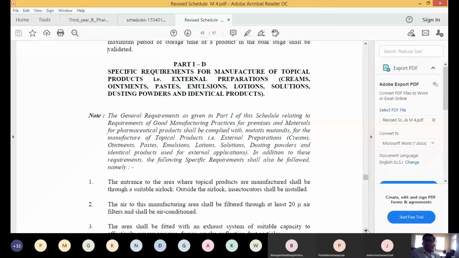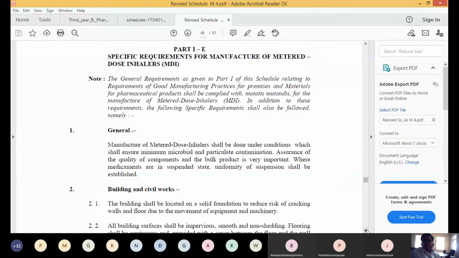See, Part 1 is there in Schedule M, then Part 1A, Part 1B, Part 1C, Part 1D. So for each type of part, there are different classes of formulations that are studied under this Schedule M, with manufacturing requirements. Then Part 1E is there: the specific requirements for manufacture of metered dose inhalers, MDI.